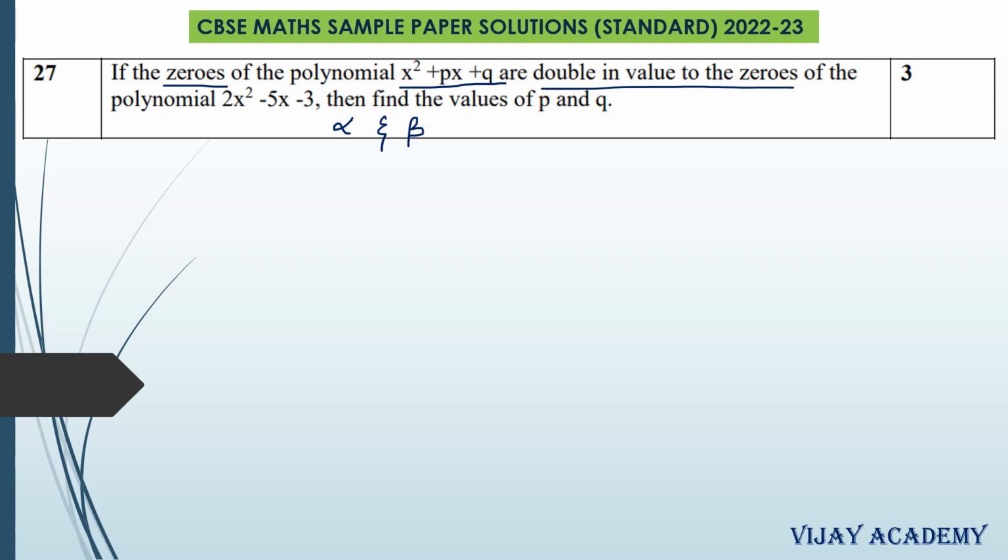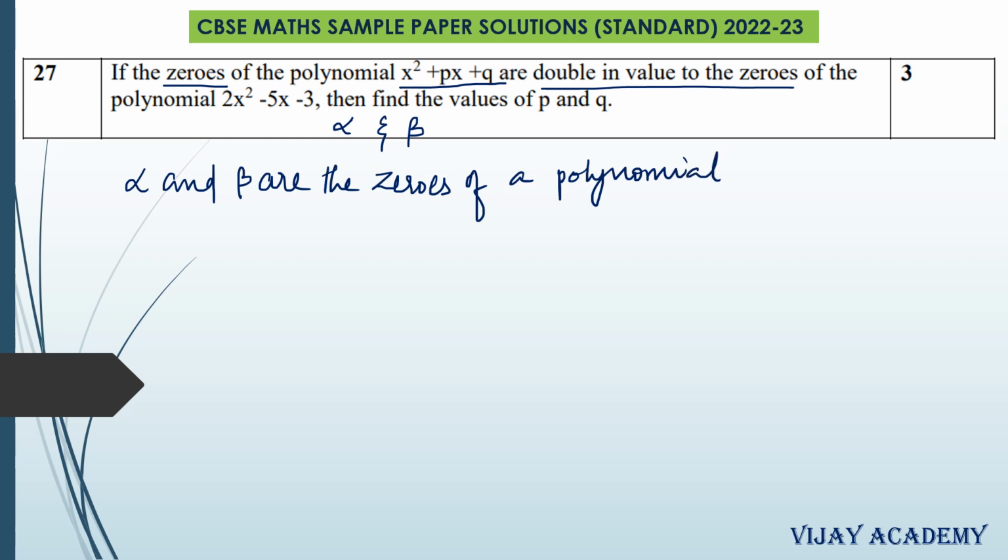So now let us first write the sum of the zeros and product of the zeros of the second polynomial. So alpha and beta are the zeros of the polynomial 2x square minus 5x minus 3.